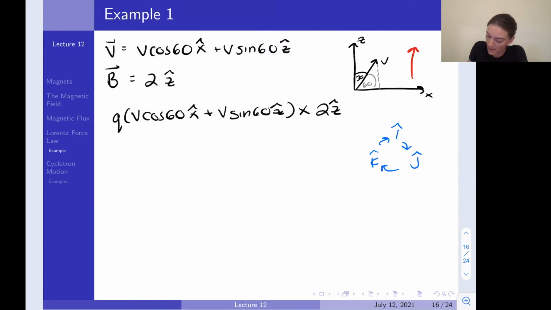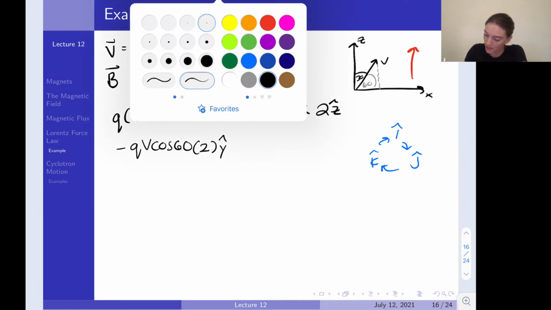So we'll get negative qv cosine 60 times that 2 in the j hat direction, or the y hat. And then z hat cross z hat is 0, because two vectors crossed into each other is just 0. So we actually get a slightly simpler expression here.